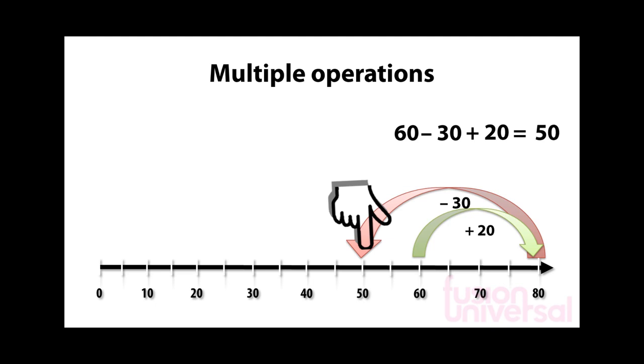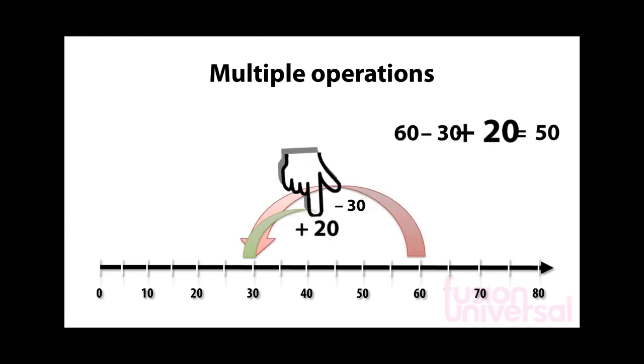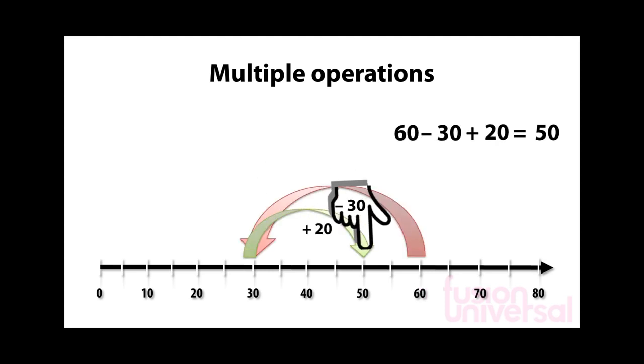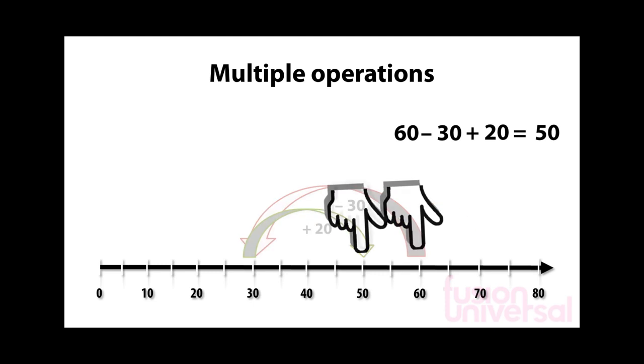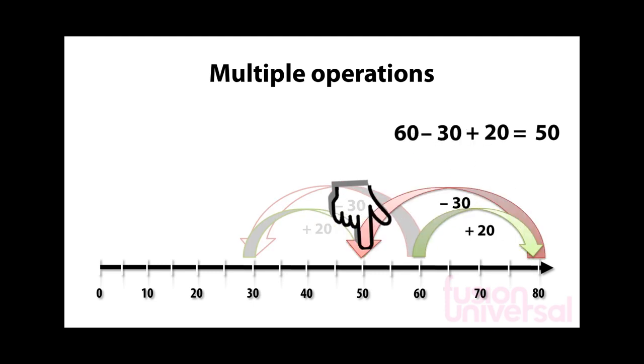In both cases, we find that the answer is 50. 60 subtract 30 plus 20 is equal to 50. And 60 plus 20 subtract 30 is equal to 50. The order in which we do the operations doesn't matter.